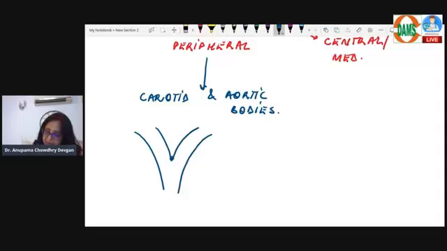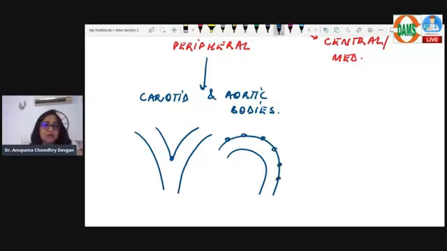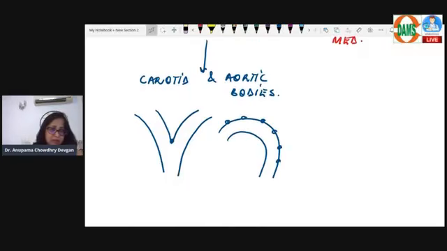Carotid bodies are at the bifurcation of the carotid, and aortic bodies are along the arch of aorta, right?